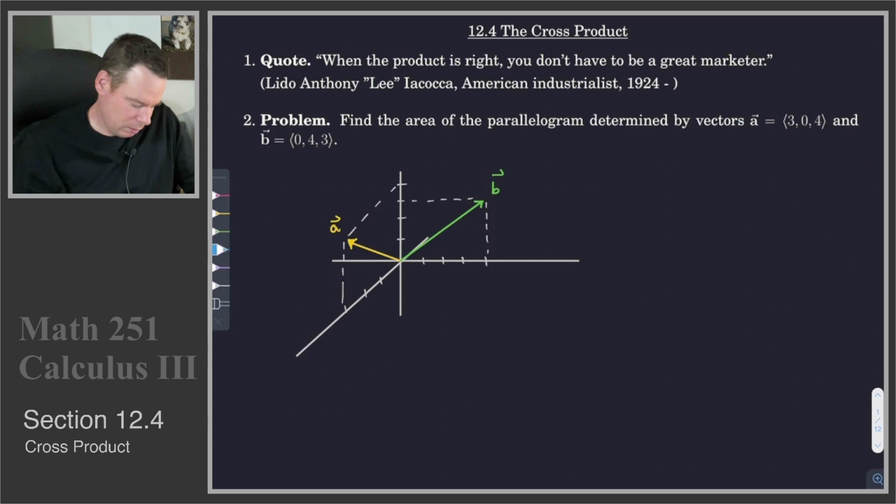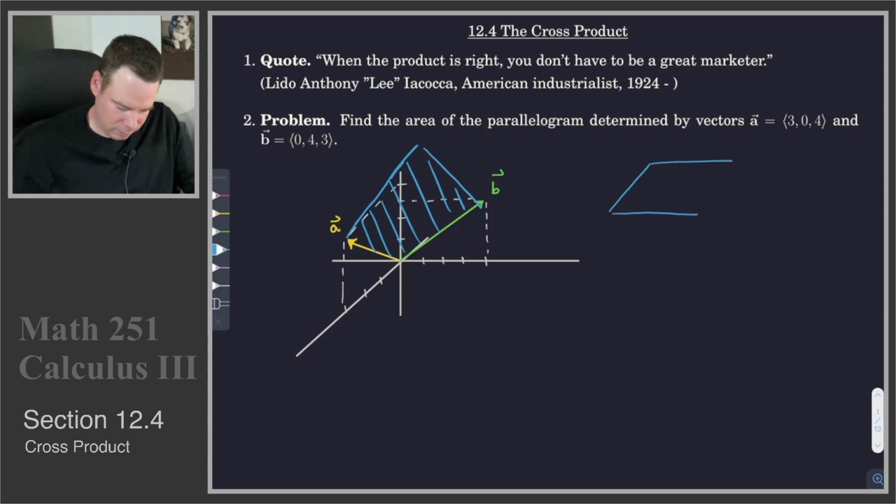So in this case, our picture looks something like this with a little bit of perspective drawn in. There's our parallelogram we're interested in finding the area of. Let's redraw it flat. We've got a vector A, we've got our vector B, and we're interested in finding the area of this.